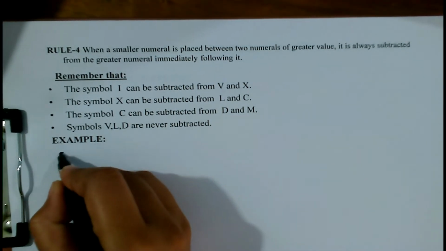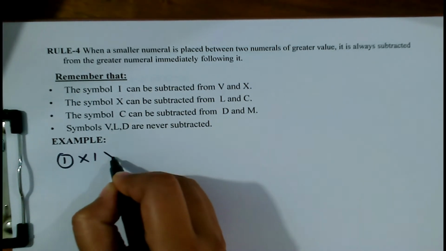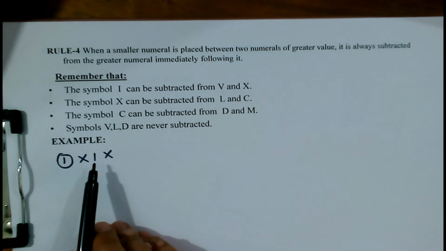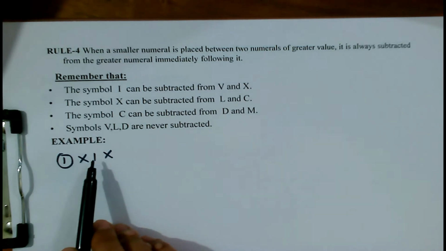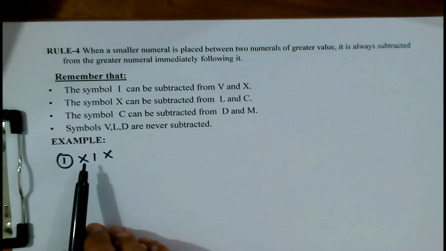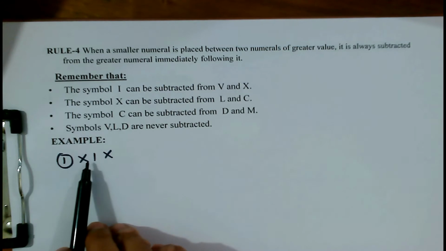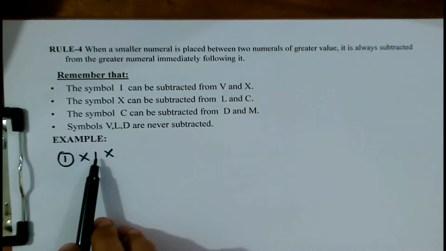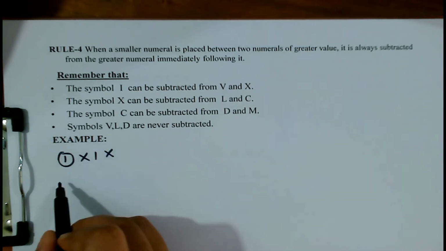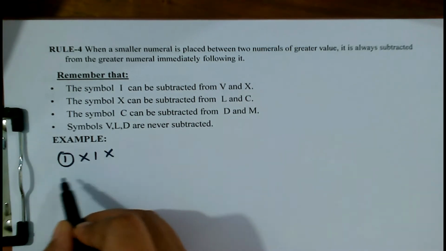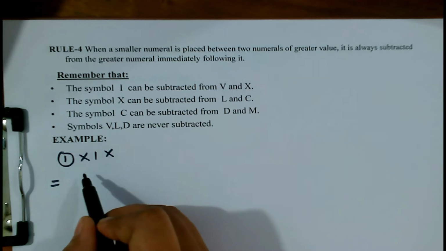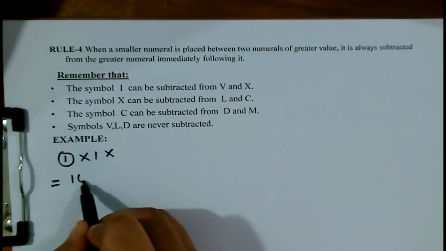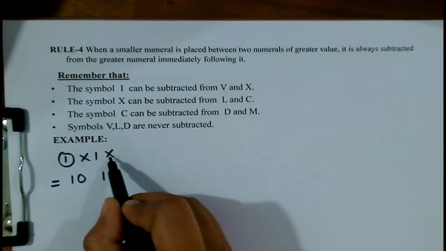First example, XIX. See, this I is surrounded by numerals larger than I. X is 10 and then I is 1 and X is 10.